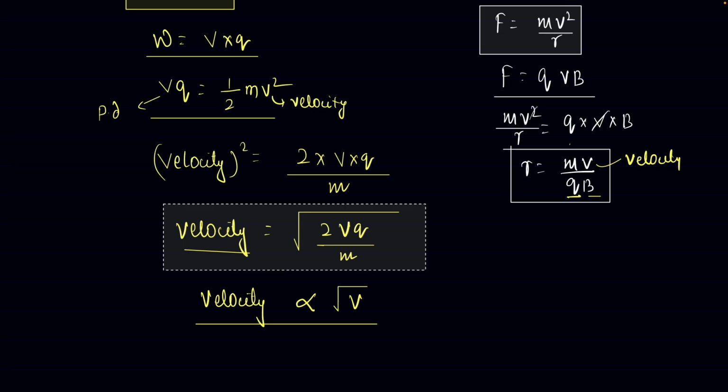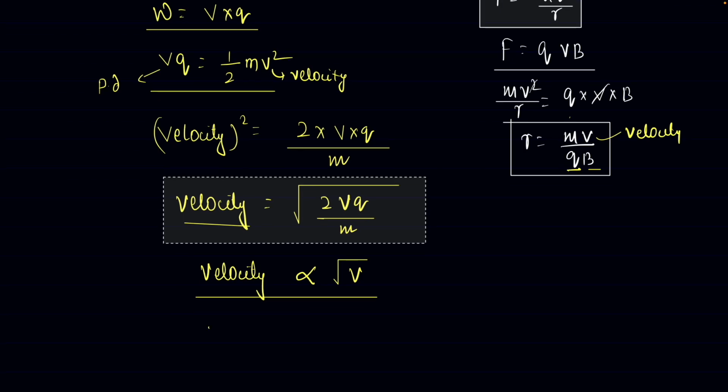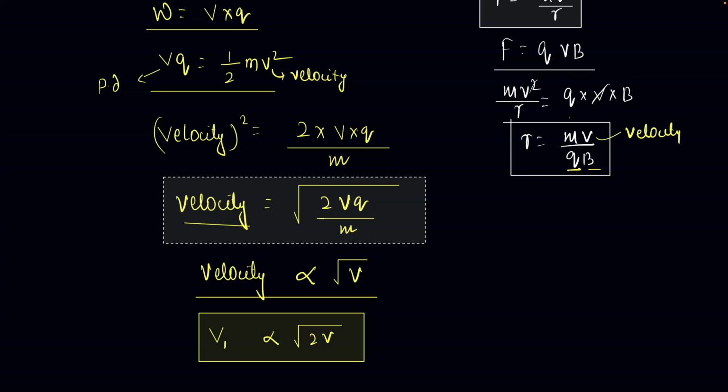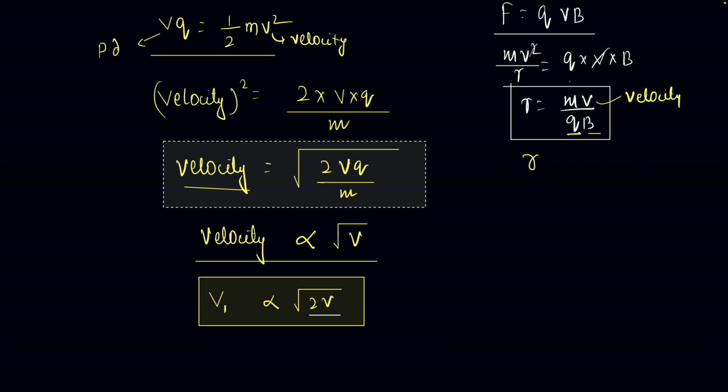Now if the potential difference becomes double, what is the new velocity? Let's make it v1. It is directly proportional to root 2V, because the final potential difference is 2 times the initial potential. So radius is proportional to the velocity.